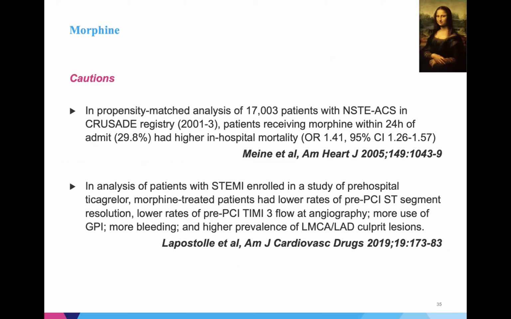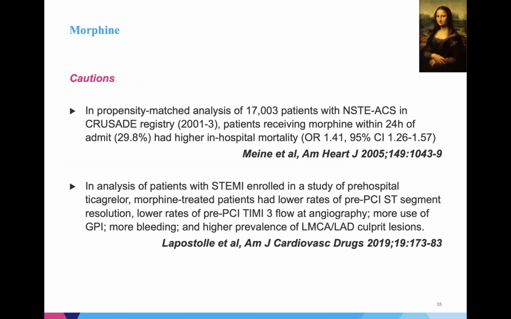Looking at the data, there's some cause for caution. This is observational, of course, but if you look at patients who received morphine in the CRUSADE registry of non-ST elevation ACS, those patients who got morphine had a higher tendency to in-hospital mortality in a propensity-matched analysis.